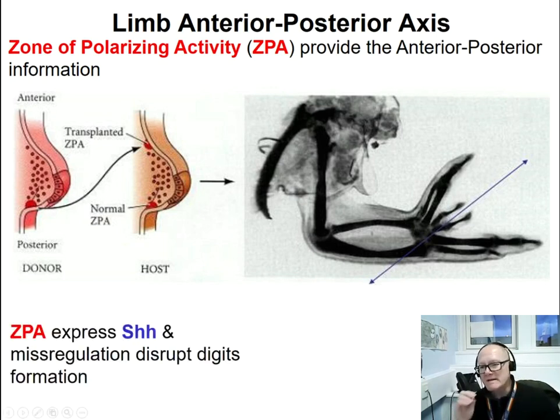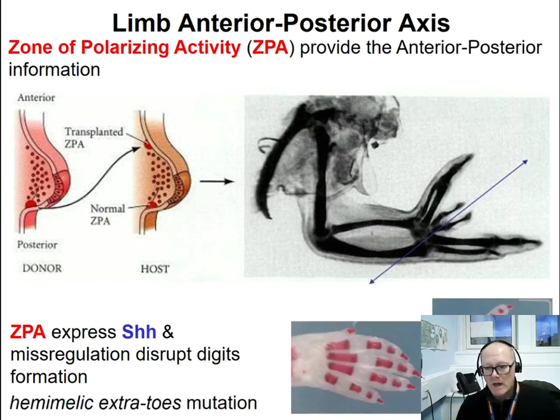Now, what is the signal that the ZPA is sending to establish an anterior-posterior axis? Well, the signal is SHH. In fact, misregulation of SHH during limb development results in disruption of digit production, and even having more or fewer digits than normal.